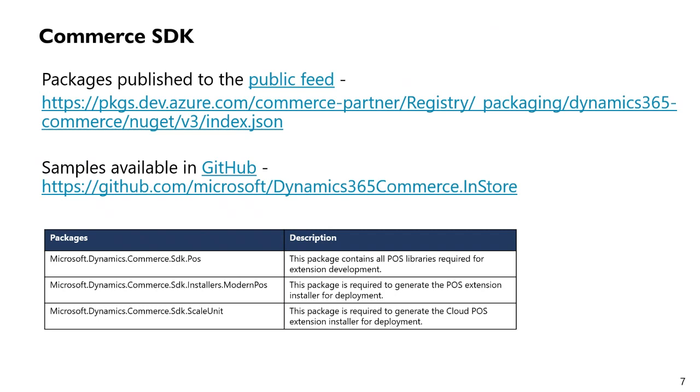So you don't need, like in the old SDK, the POS.extension project or the modern POS. You don't need any of those. You will create your own template project or your own new project, and then consume this package to do the point of sale extension. So that's one big change between the old SDK and the new one.